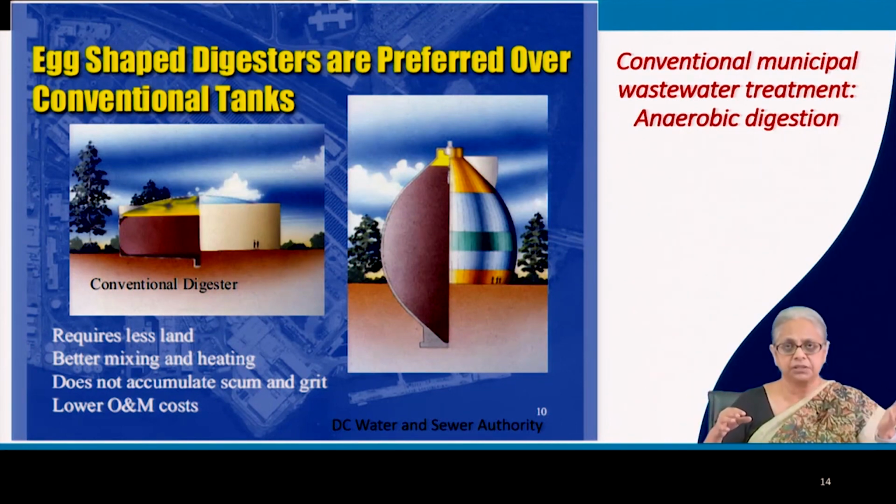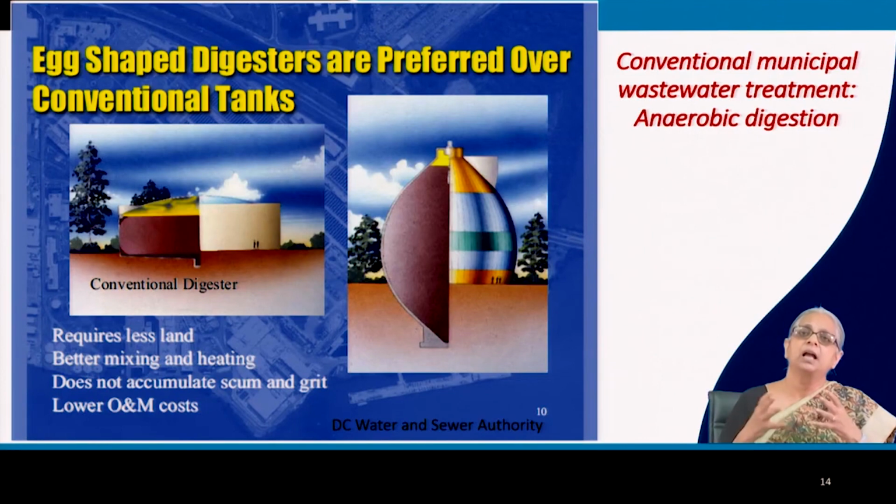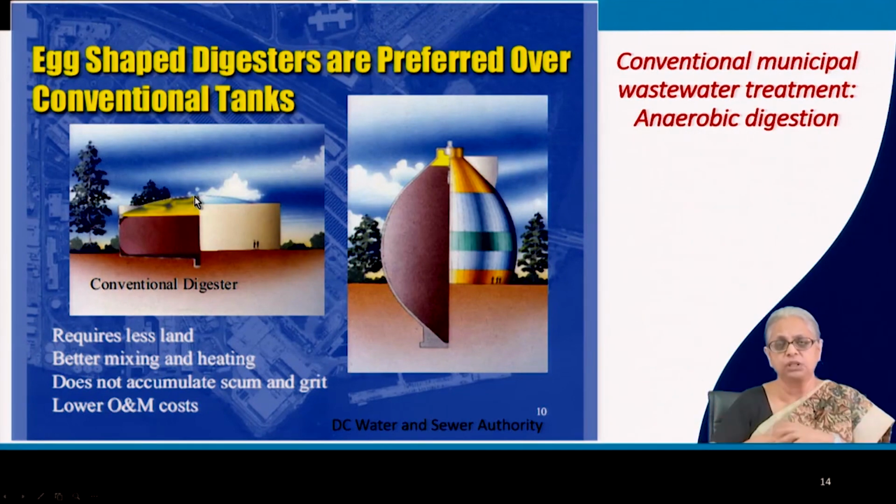They either had fixed covers or floating covers, and as the biogas was being generated, it would either be taken off the top if it was a fixed cover reactor, or if it was a floating cover reactor, then the pressure would be maintained at a constant level and the biogas would be tapped at the top because it would accumulate at the top. So that was very common. That was a common sight in many cities across the world about 30 to 50 years ago.